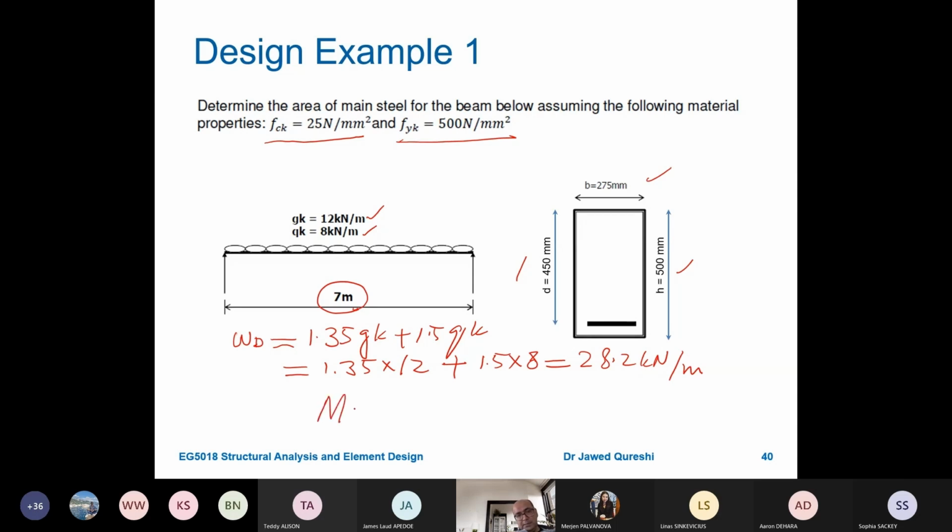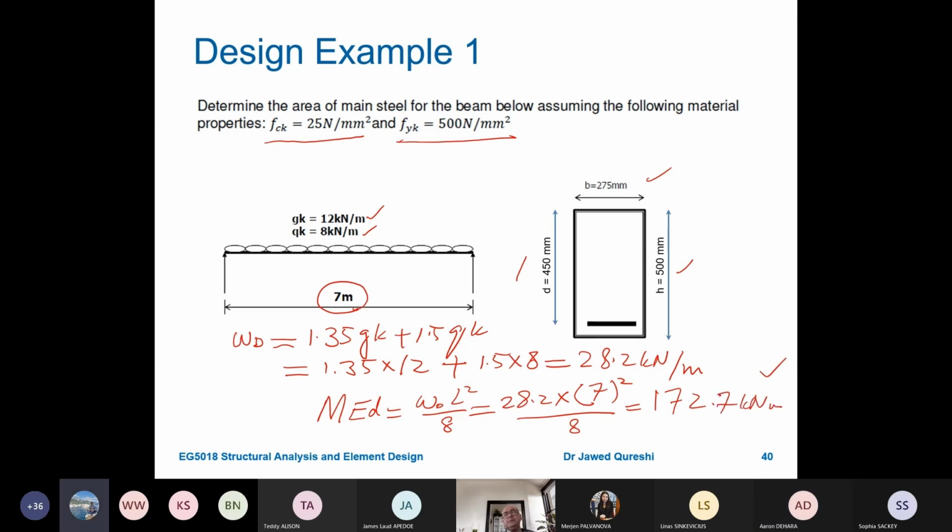So MED will be equal to WL square over 8. W is 28.2 times L is 7 square over 8, which is 172.7 kilonewton meter. Now we have to compare this with MRD.